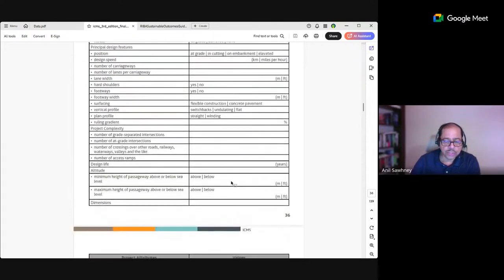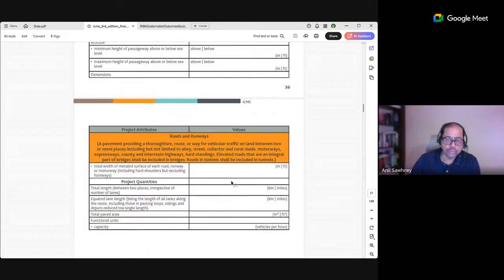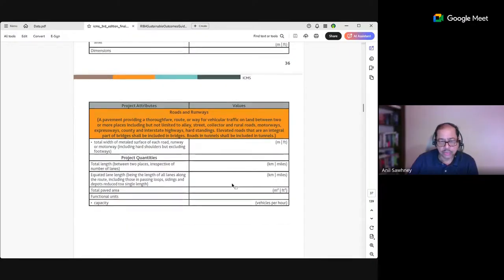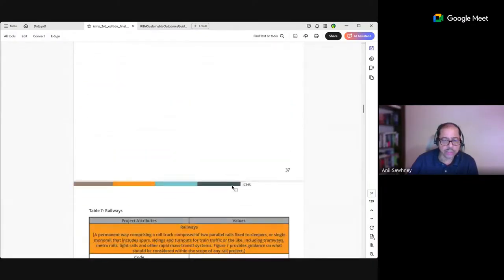So lots of project attributes again available to you. If you store some of these details in your database, then you will be able to utilize this benchmarking scheme to create benchmarks for carbon and cost for your projects for early cost and carbon advice.